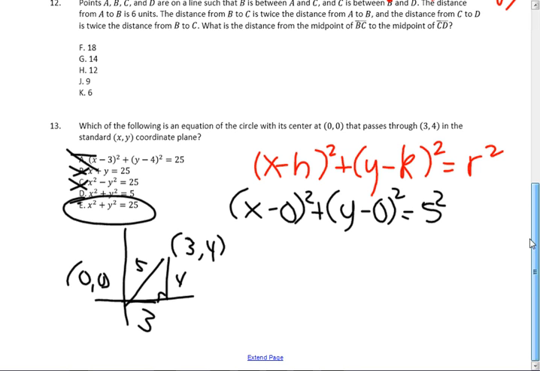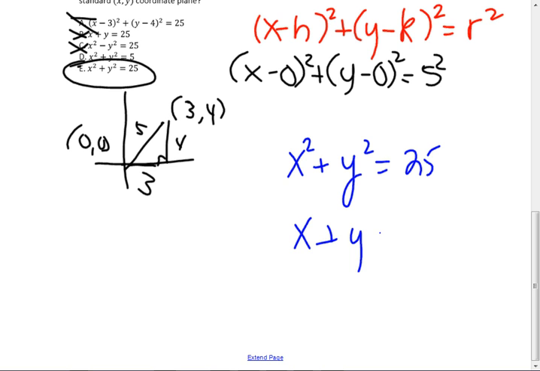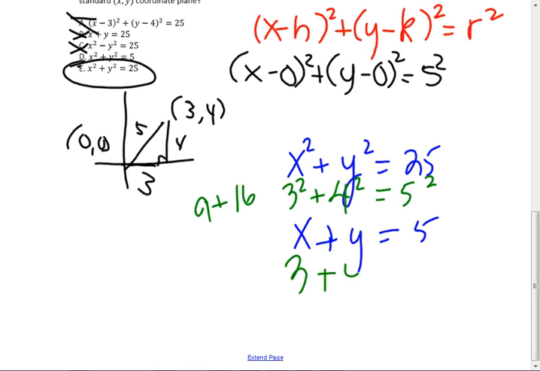You cannot. If you have x squared plus y squared equals 25, that does not mean x plus y equals 5. Let's try it. If you don't believe me, 3 squared plus 4 squared equals 5 squared. That's 9 plus 16. That's 25. Is 3 plus 4 equal to 5?